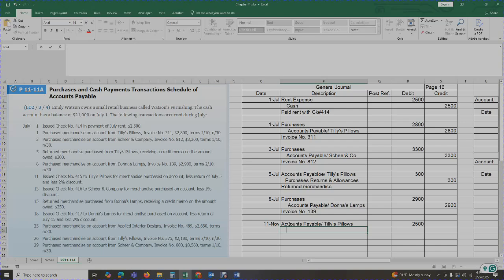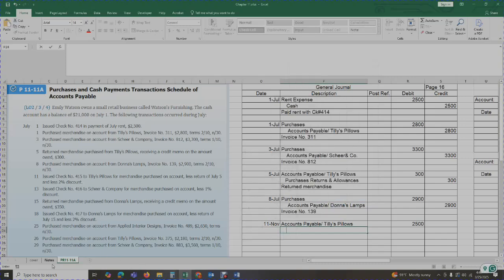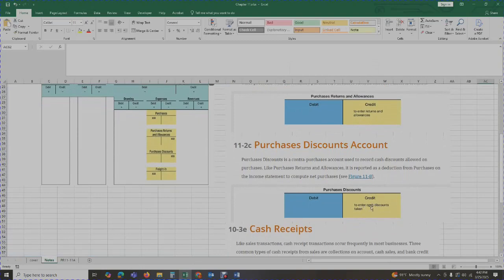Now, the problem says that we got a 2% discount for paying within the 10 days. So the $2,500 times the 2% discount will give me a discount of $50. Okay, $50 for paying within the 10 days. Let's look at our notes. For the discounts, we're going to credit our purchases discount.